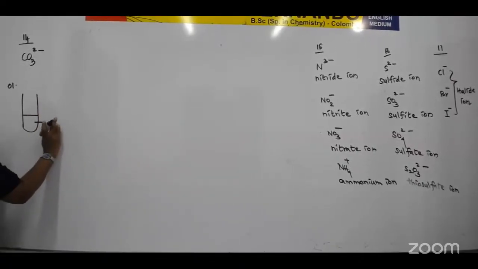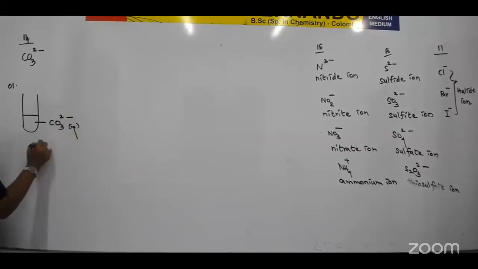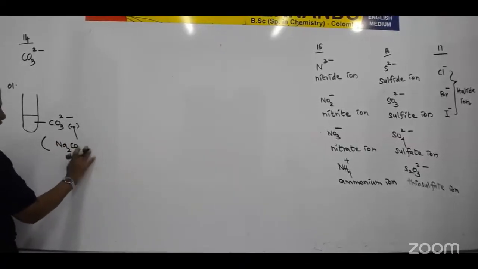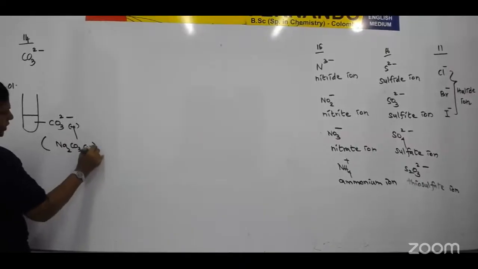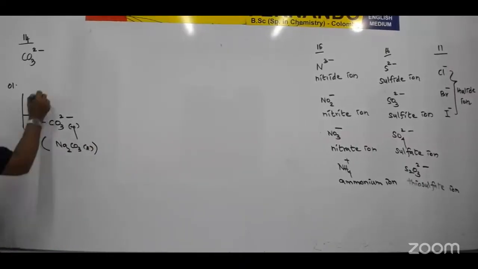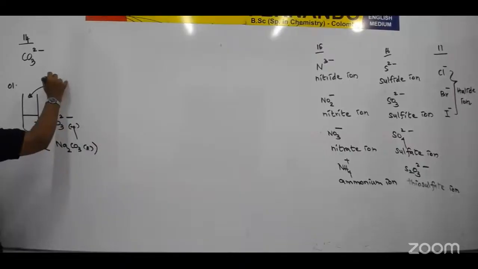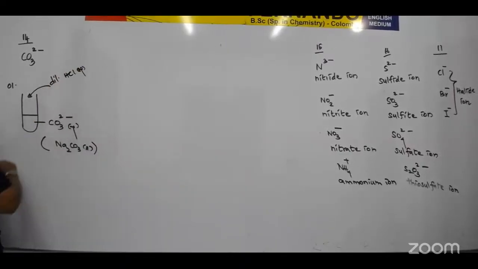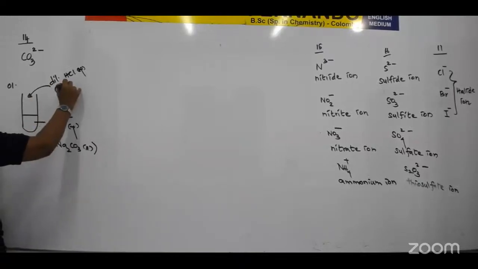This is the carbonate ion. For this purpose, you can take sodium carbonate because that is water soluble, or you can take solid sodium carbonate. Dilute acid, dilute HCl or H2SO4, acidic medium.